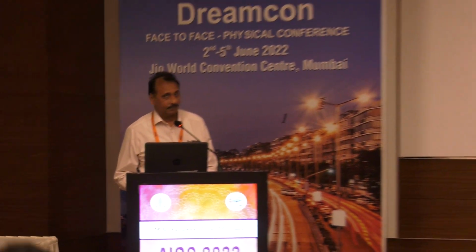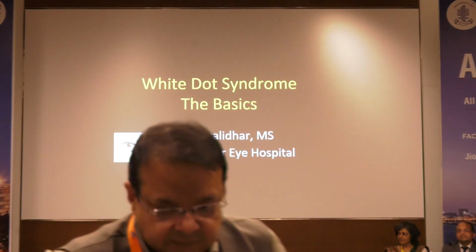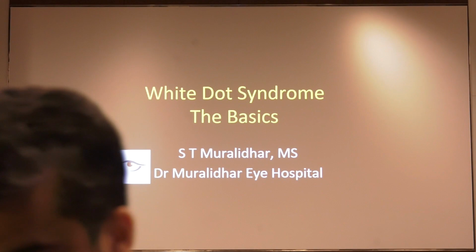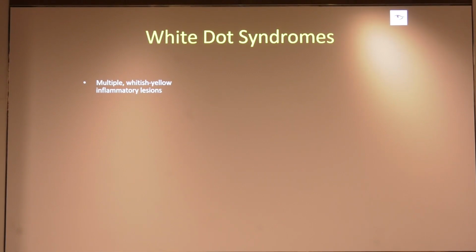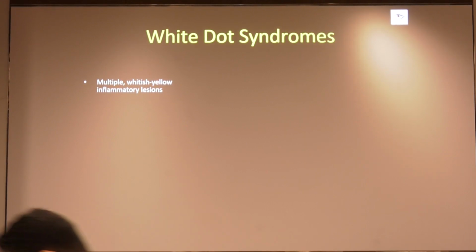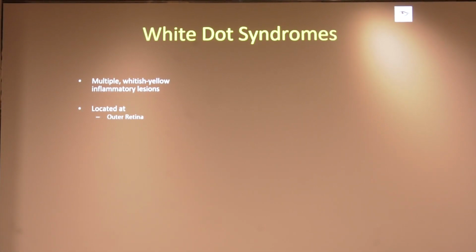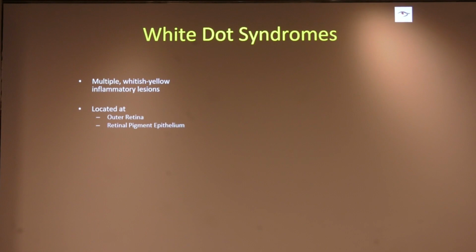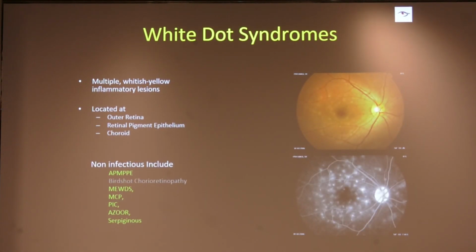I was actually given a curious topic of yellow spots and spots around the macula. Now that's a heterogeneous group, which actually we have a huge things. My life became easier when the first speaker talked about dot hemorrhages. The second speaker made it even better for me. So I could actually filter myself to white dots, which is more non-infectious than infections. So these are multiple whitish yellow inflammatory lesions which are located sometimes in the outer retina, in the retinal pigment epithelium, in the choroid.